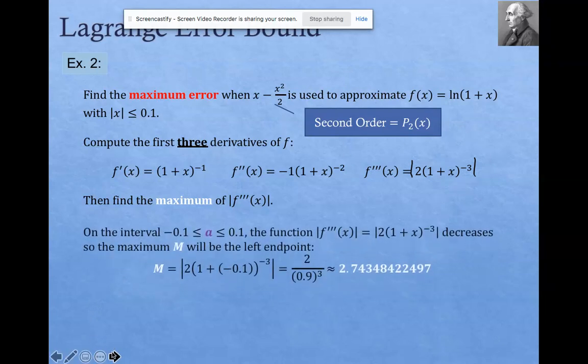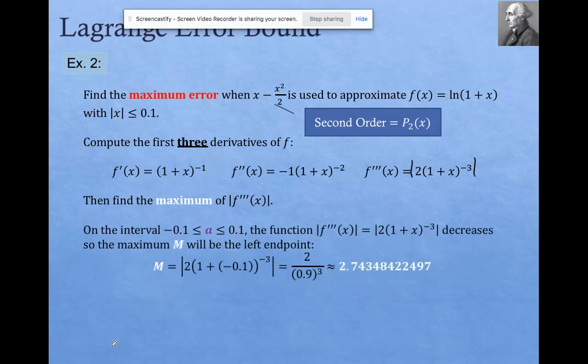I used my calculator to do that, to find that left endpoint. So that's what I got.